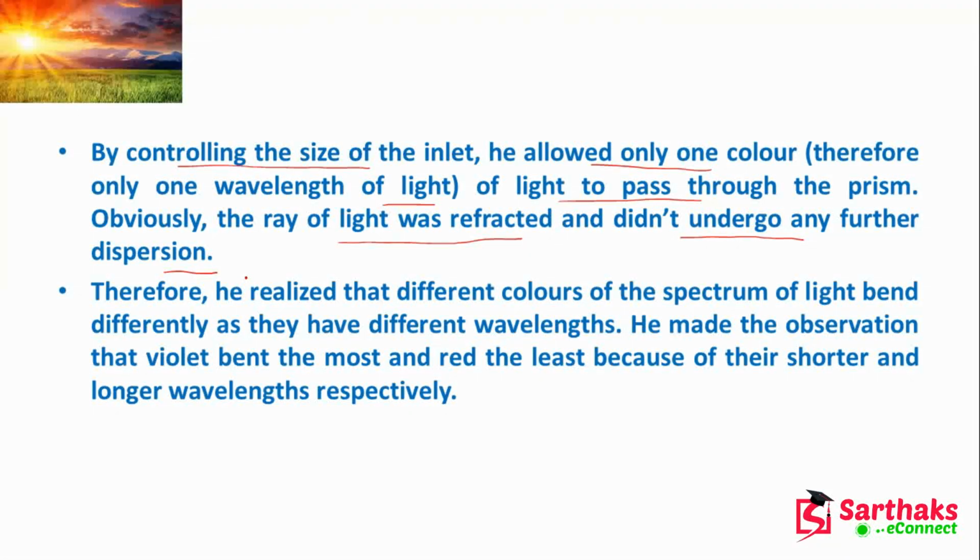So he realized that different colors of the spectrum bend differently as they have different wavelengths. He observed that violet bends the most and red the least because of their shorter and longer wavelengths respectively. This was the experiment first done by Newton.